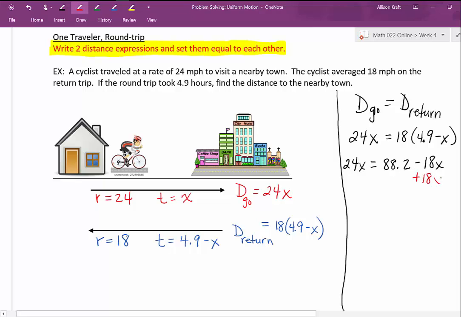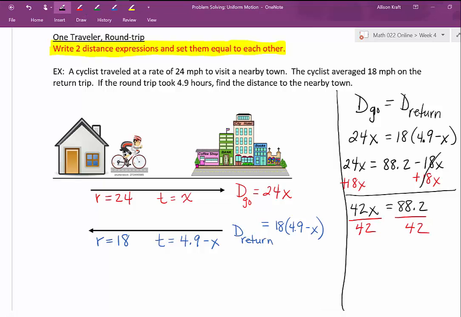I'm going to add 18x to both sides. This gives me 42x is equal to 88.2. Last thing I need to do to solve for x is divide by its coefficient. x is equal to 2.1.